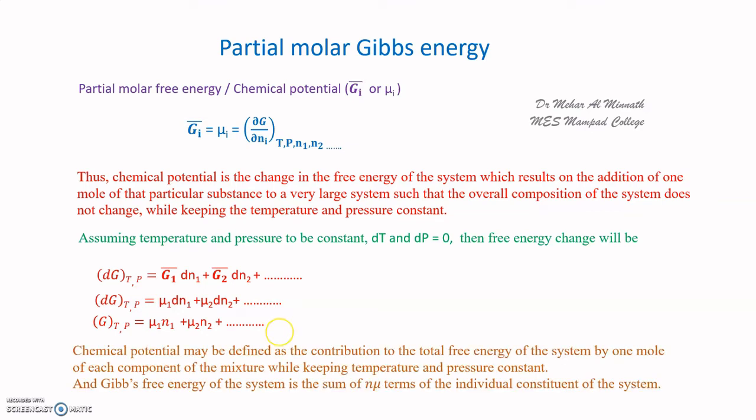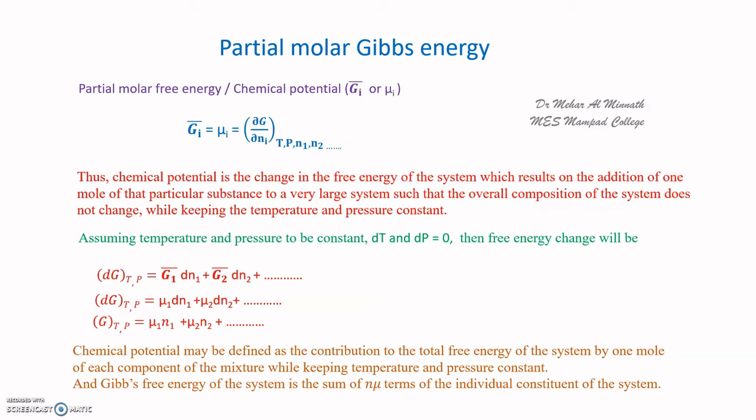So the chemical potential may be defined as a contribution to the total free energy of the system by 1 mole of each component of the mixture, while keeping the temperature and pressure constant. So chemical potential is the contribution to the total free energy of the system by every mole of every component. And the Gibbs free energy of the system will be the sum of the chemical potentials of each individual constituent.